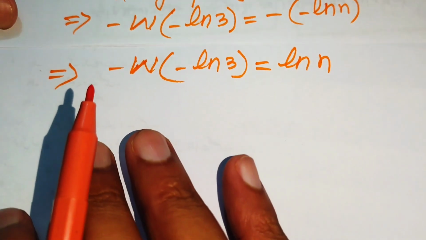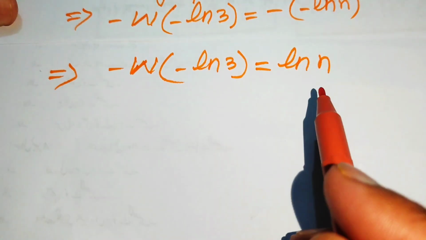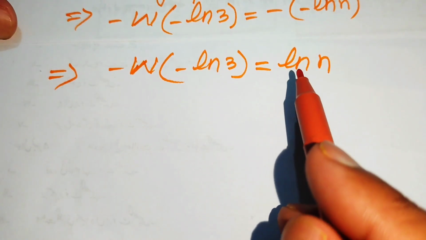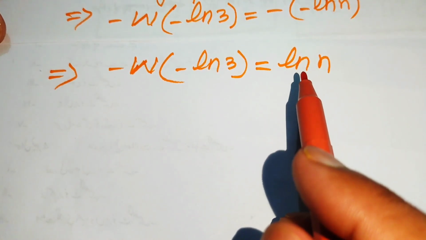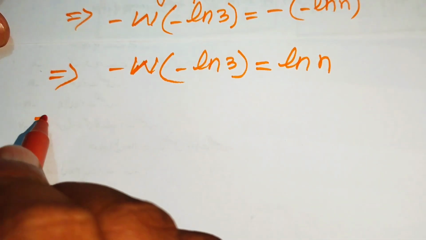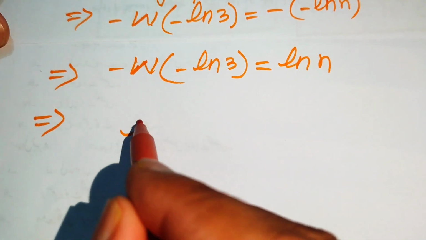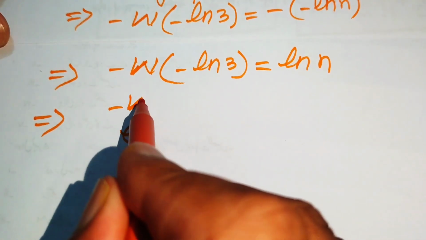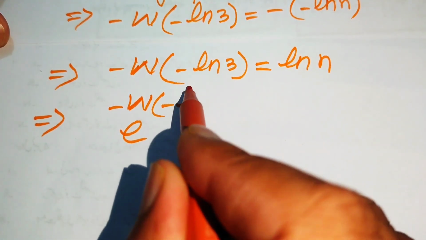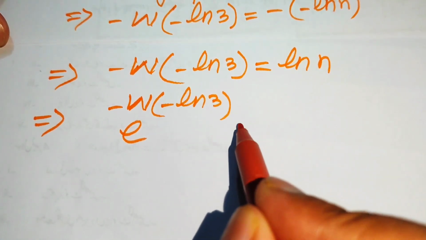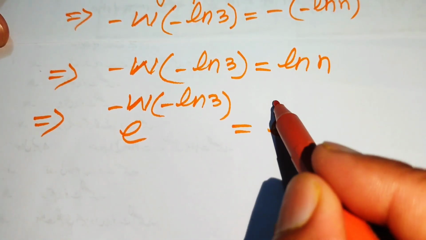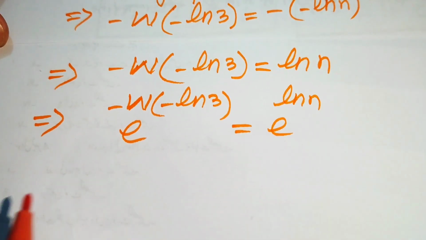Now we have the time to remove this natural log, so we take the anti-log on both sides. It will be written as e to the power of minus W of minus log 3 equals e to the power of log n.